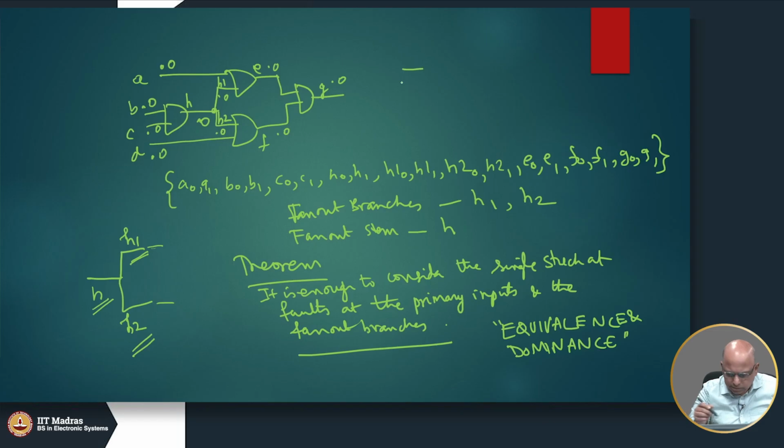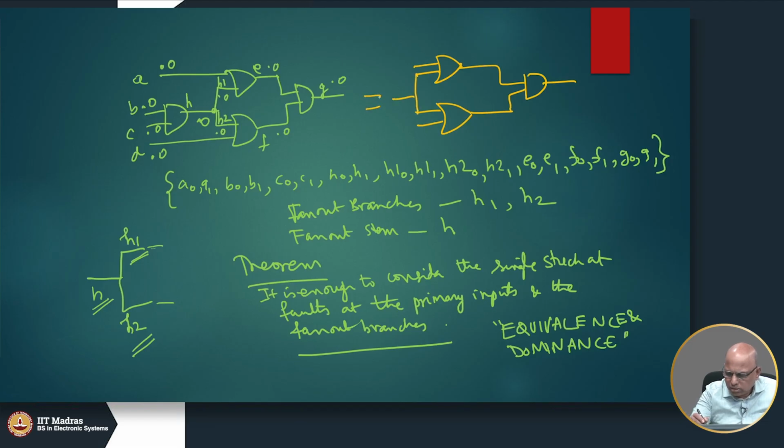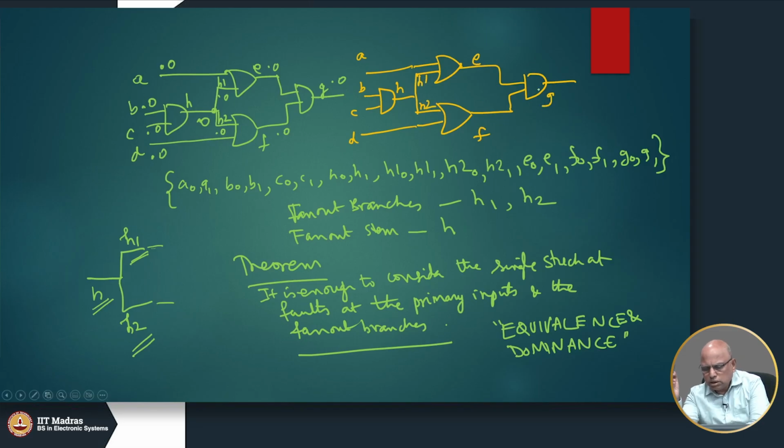So, if I rewrite the same circuit, we had called this guy A, B, C, D, H, H1, H2, E, F and G. So, let us use our fault compaction theorem.